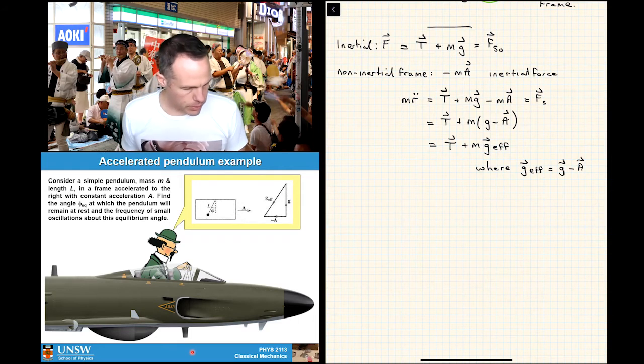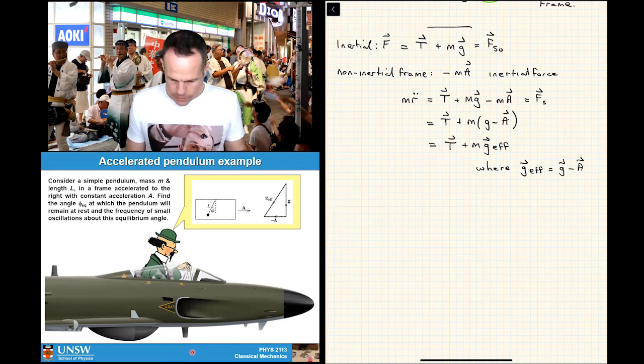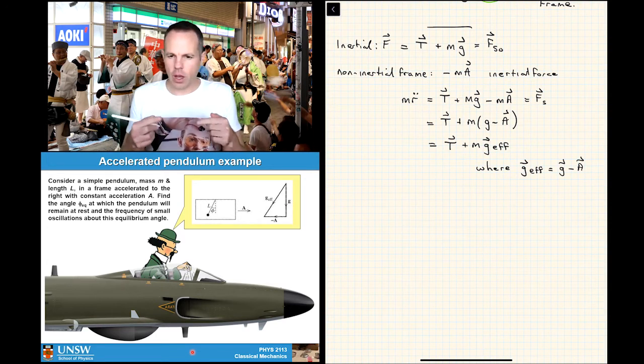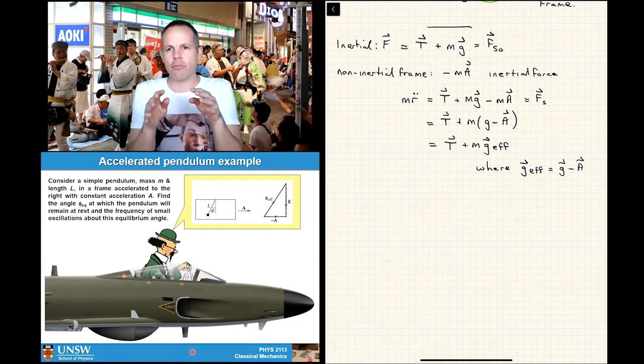Okay, all good. So what we're really doing here is basically just coming up with a combined gravitational force that builds in the gravity that we would have in an inertial frame plus some acceleration.